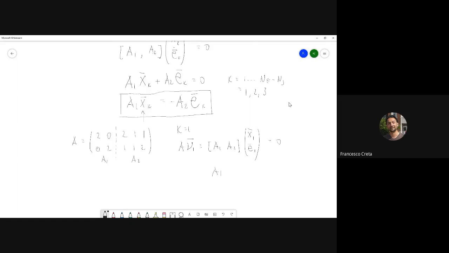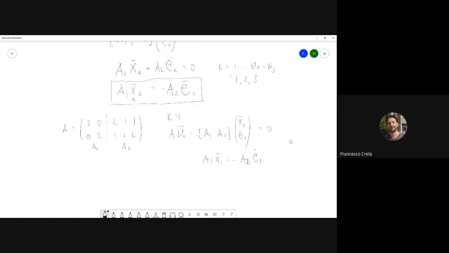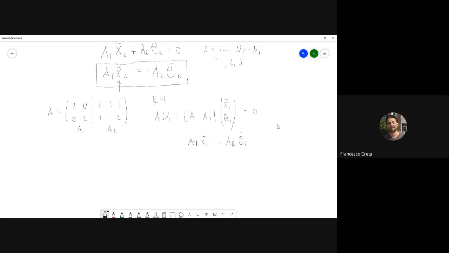So A1 x1 is equal to minus A2 e1. Let me just write it down in full and then we'll finish.